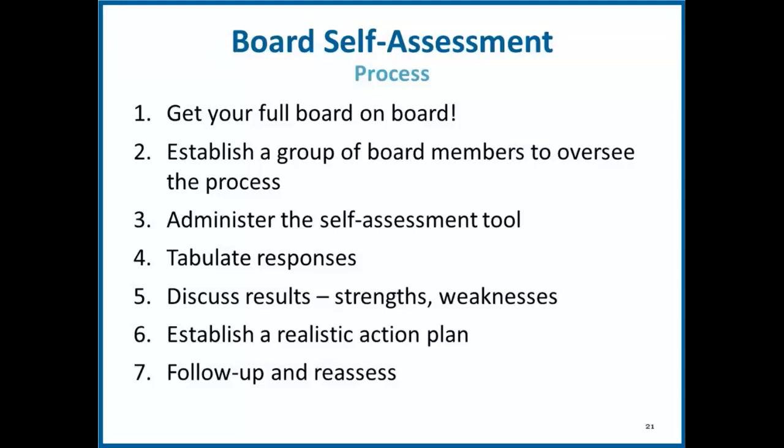A lot of times, the administration of the self-assessment tool can be done through SurveyMonkey. So board members can have some time to do that, not necessarily in the full board meeting, because sometimes these are pretty lengthy and comprehensive, depending on the tool that you choose.